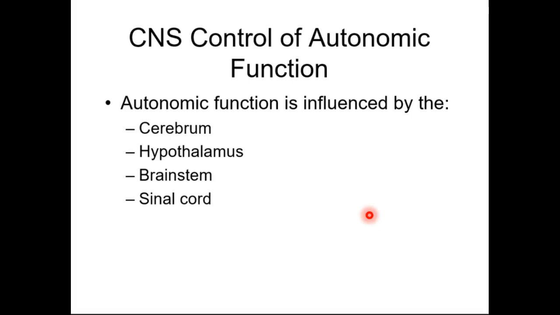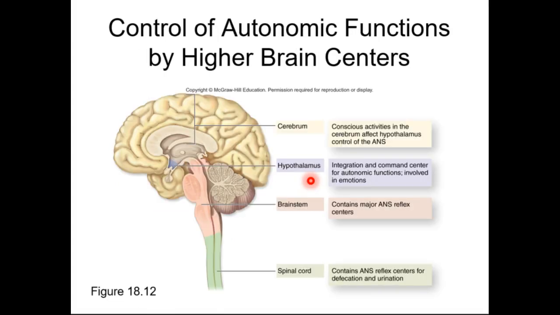So your autonomic function, when it's not acting purely as a reflex, will be influenced by the central nervous system, by the brain specifically, including the cerebrum, the brainstem, and the spinal cord. But I want you to mainly focus on the hypothalamus.